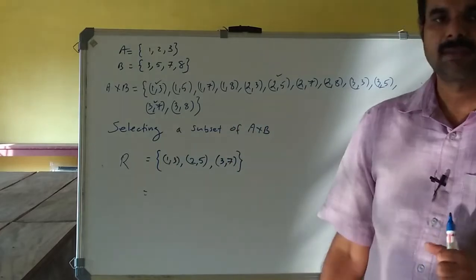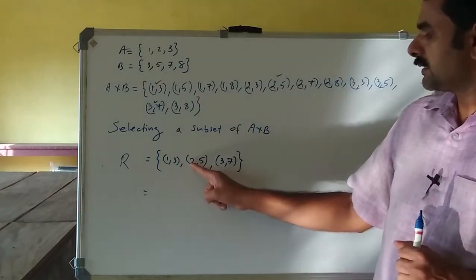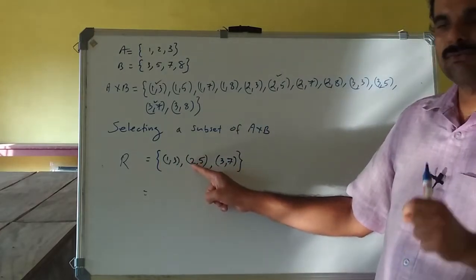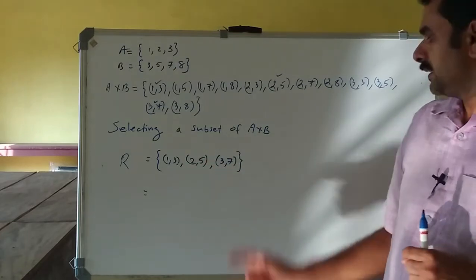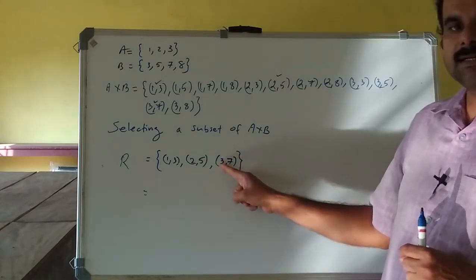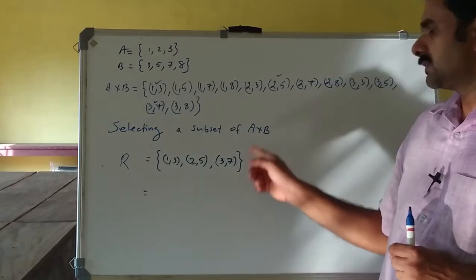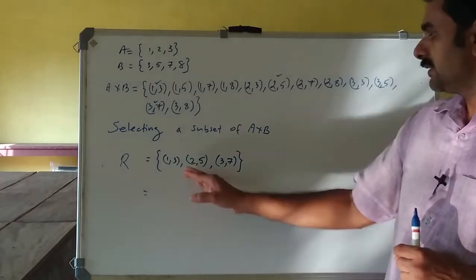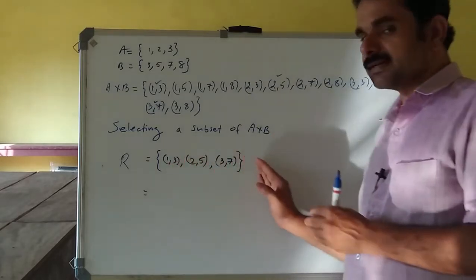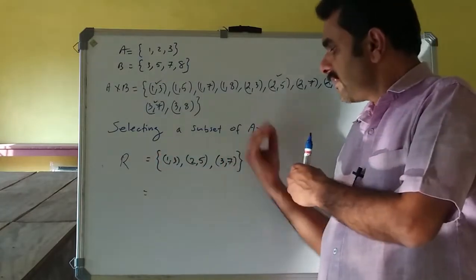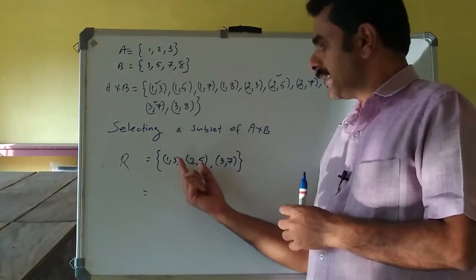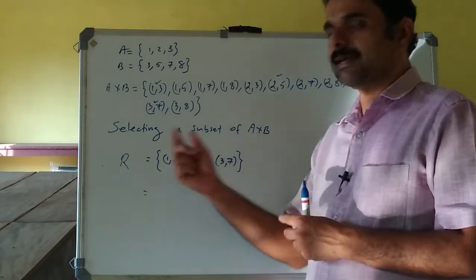What is double of 2? 4. Plus 1, 5. Double of 3 is 6. Plus 1, 7. So this is a common relationship which we have seen between the elements of this set capital R.